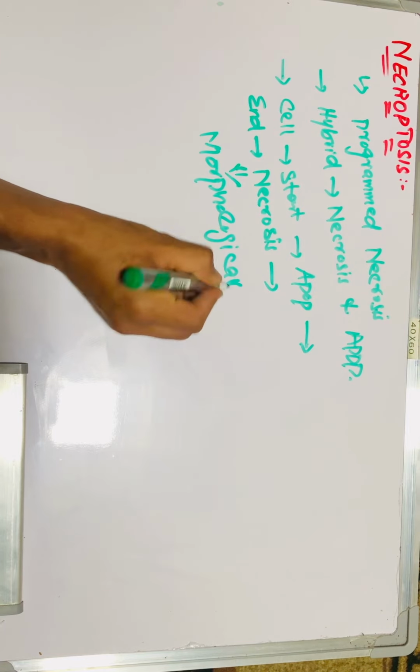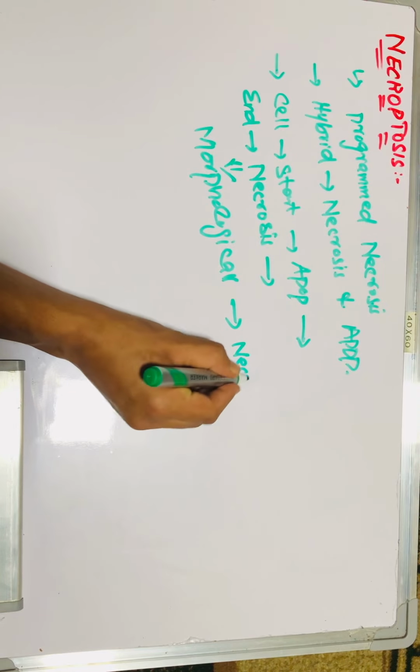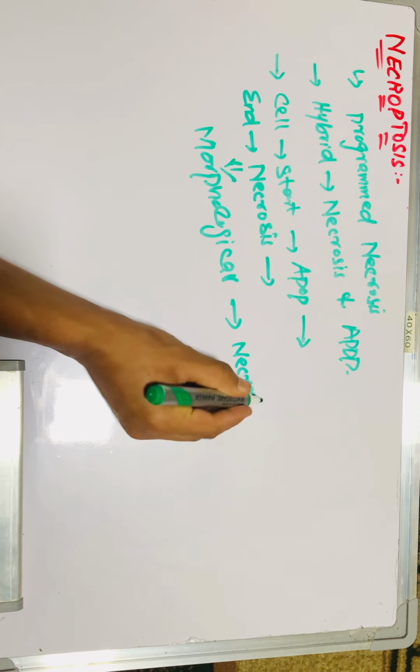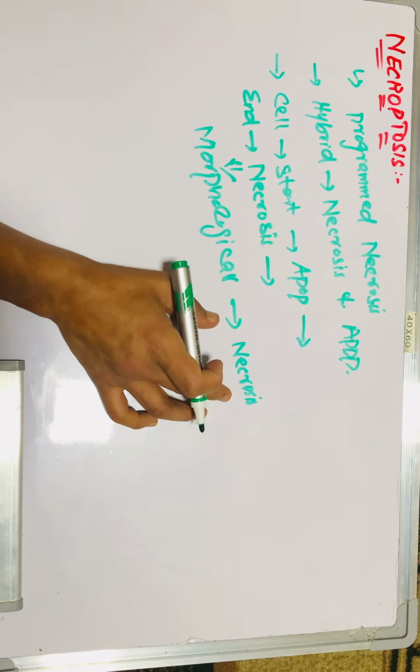Morphologically, necrosis will occur because it is at the end of necroptosis. So morphologically the death will be a necrotic death.